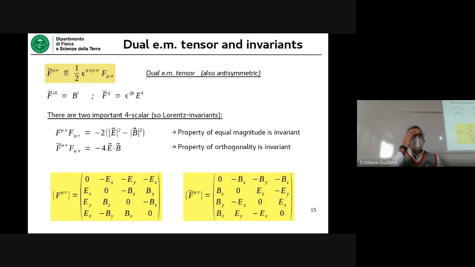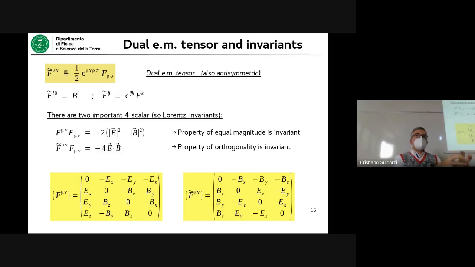They do not transform when moving from one reference frame to another in an independent way as two different distinct entities. No, they are the same. They belong to the same object, to the same geometric object. And this object doesn't transform as a four-vector, but it is a rank 2 tensor.